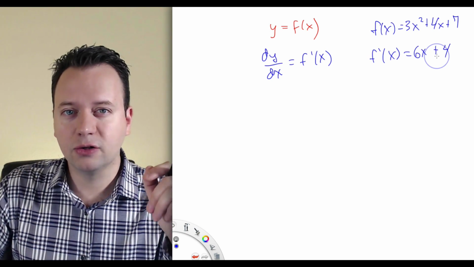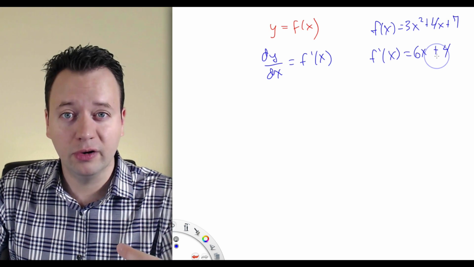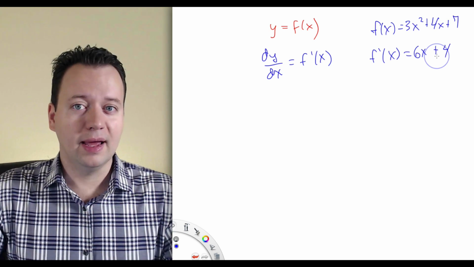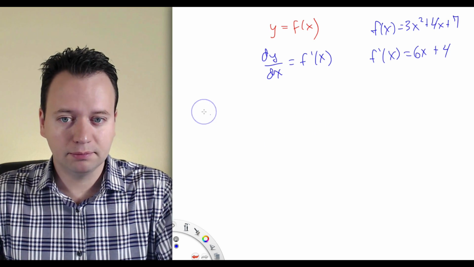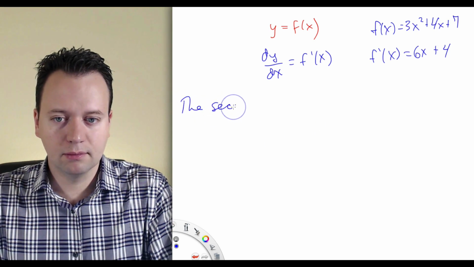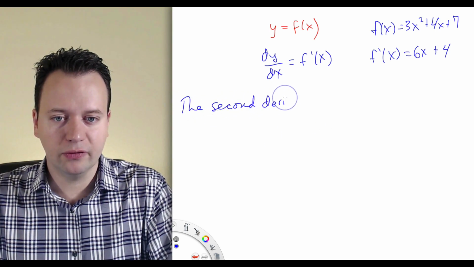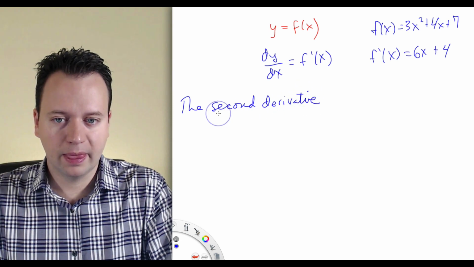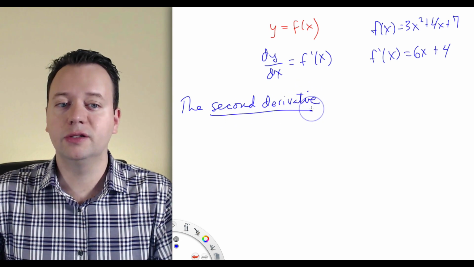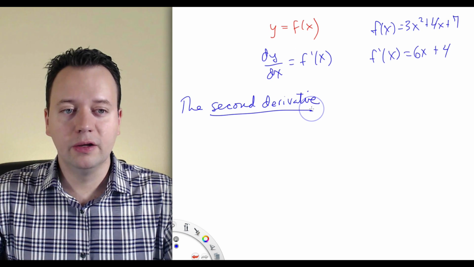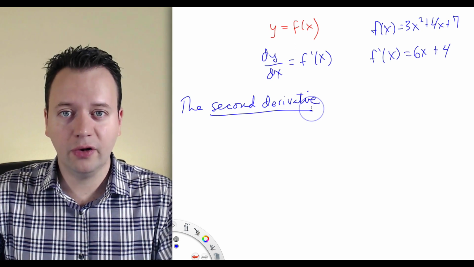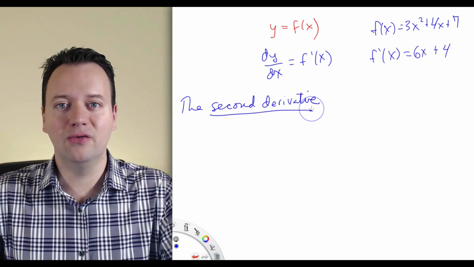So you might ask the question, well, what happens if I take the derivative of the derivative? That's something called the second derivative. So the second derivative is just the derivative of the derivative. If I were to differentiate your derivative function, you get the second derivative of f.